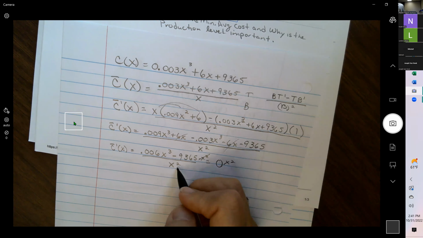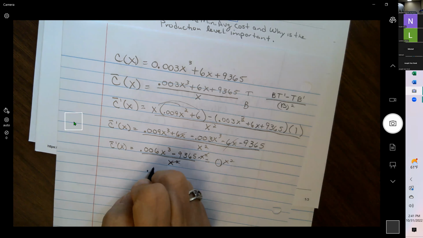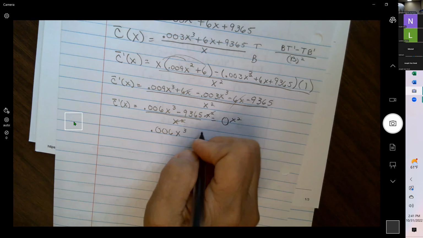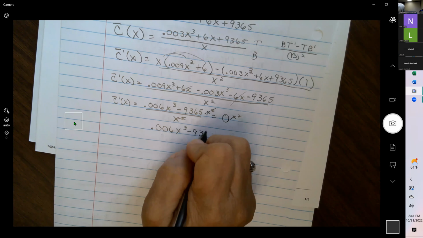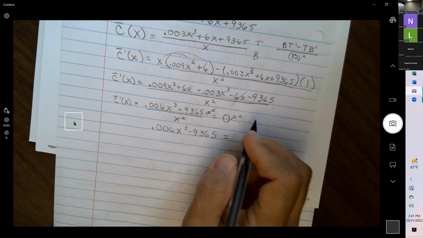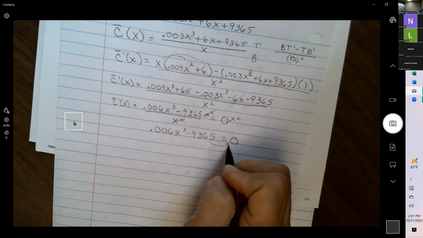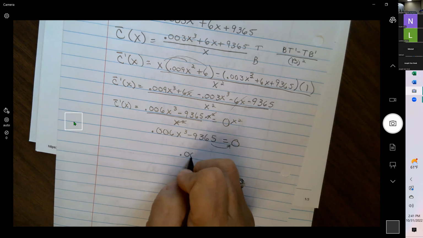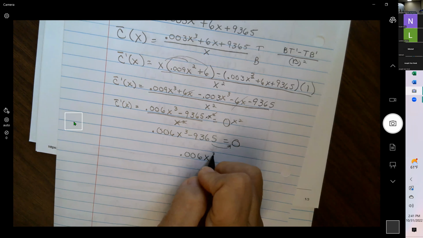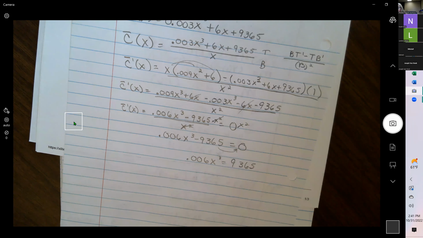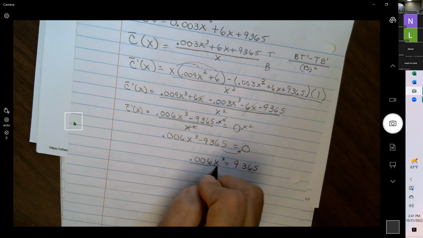That way this cancels. And the top is equal to 0. To solve it, we're going to add this to the other side. Divide by the decimal.